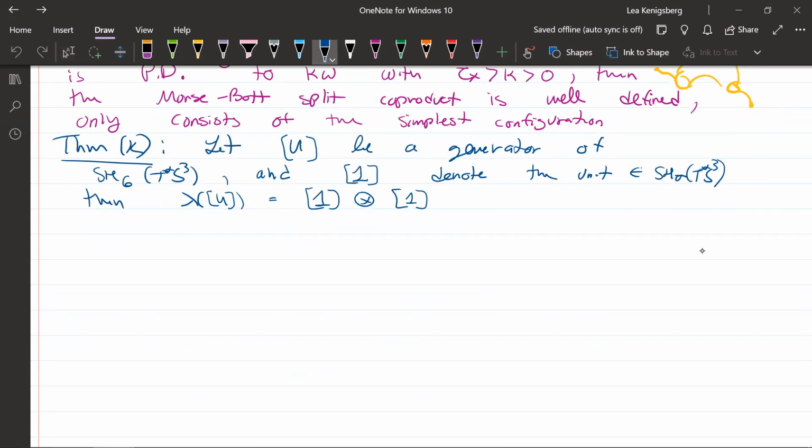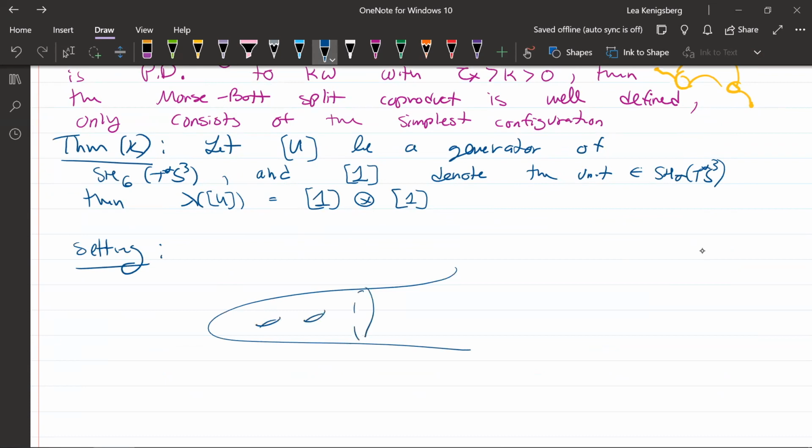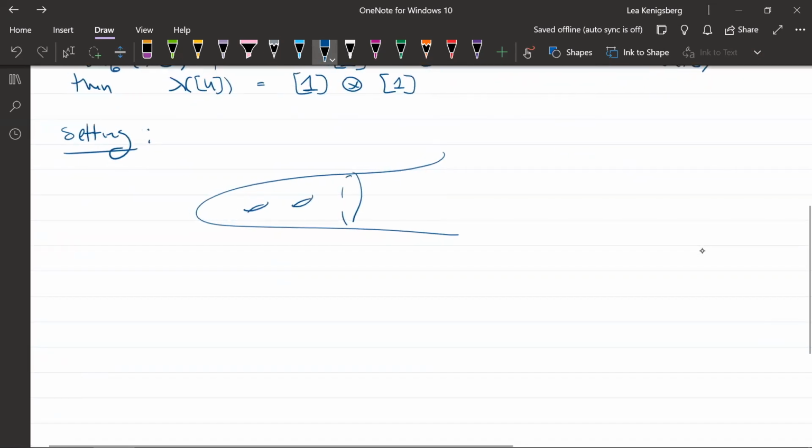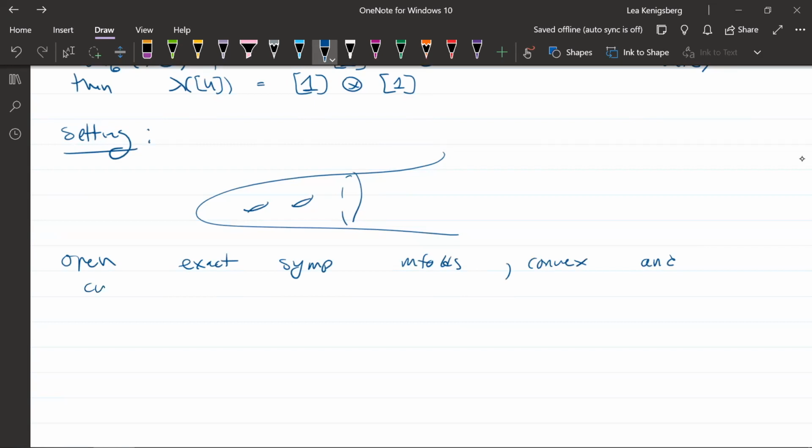Okay, so the settings are going to be Liouville domains. What you want to think about are open exact symplectic manifolds which are convex and cylindrical at infinity.